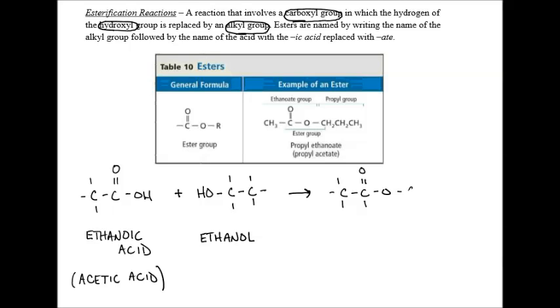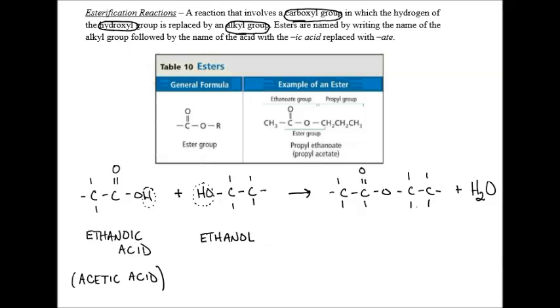And then here is the ethyl, the alkyl part of the molecule. And it formed when the H of the carboxyl group combined with the OH of the alcohol group and also formed water.